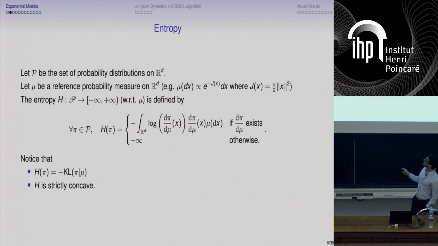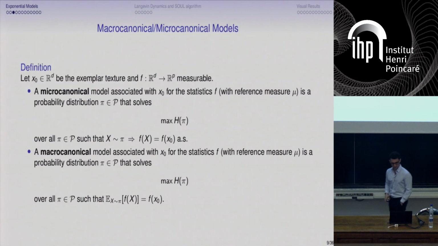And then the entropy is defined with the classical formula, minus the integral of p log p, where p is the density of pi with respect to the reference measure, should it exist, or minus infinity otherwise. So of course, this is linked to the Kullback-Leibler divergence, and so it's in particular concave. So it would be quite nice to maximize the entropy, possibly with some constraints.